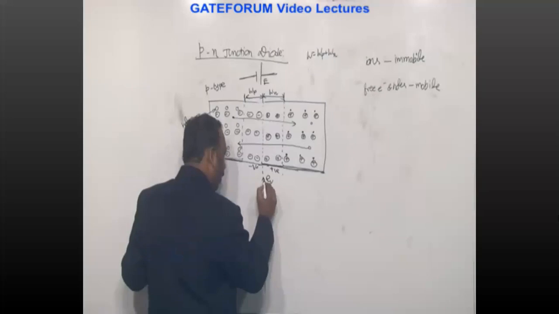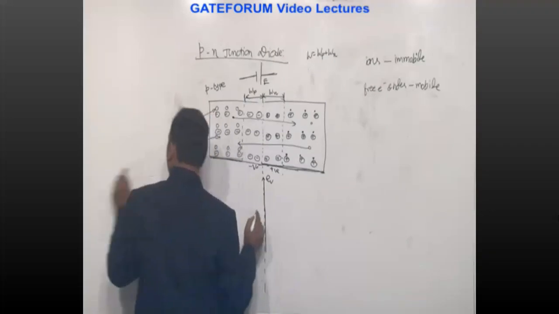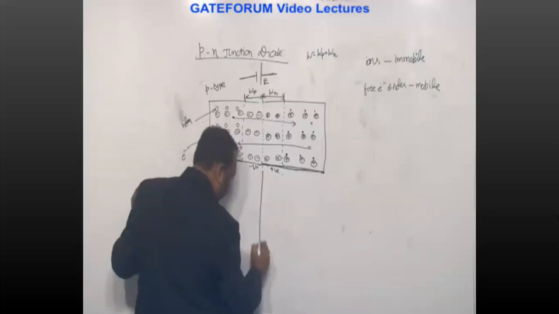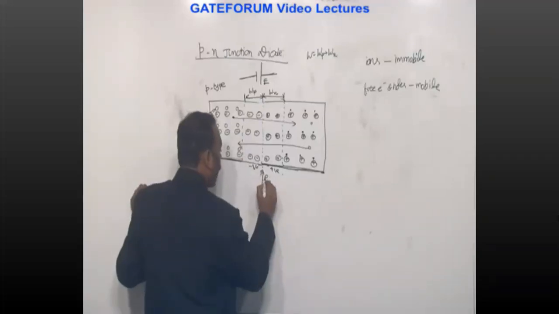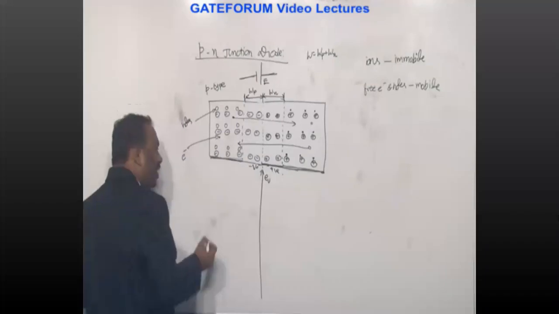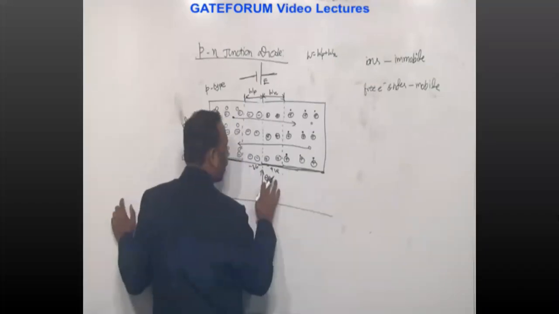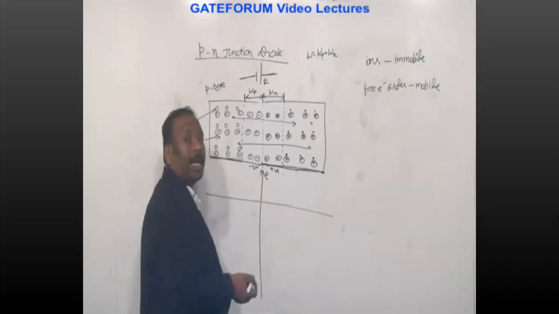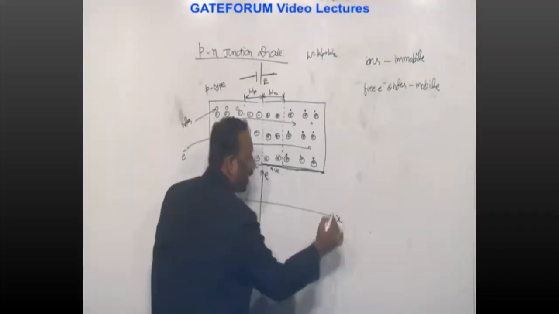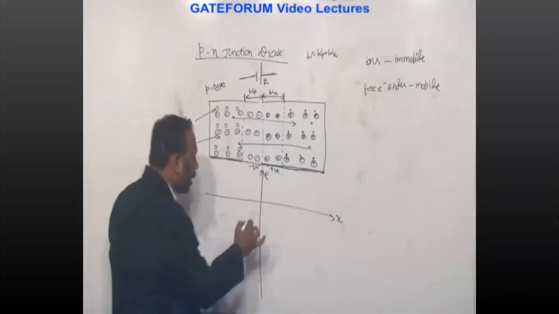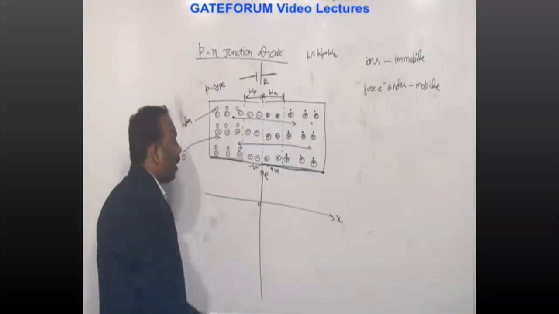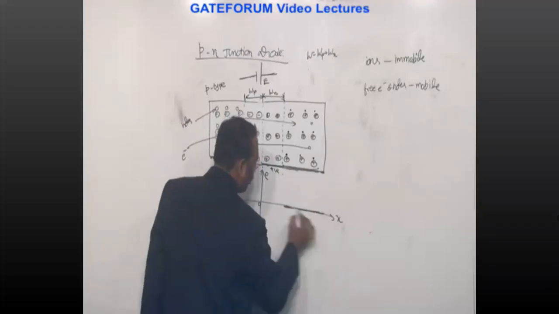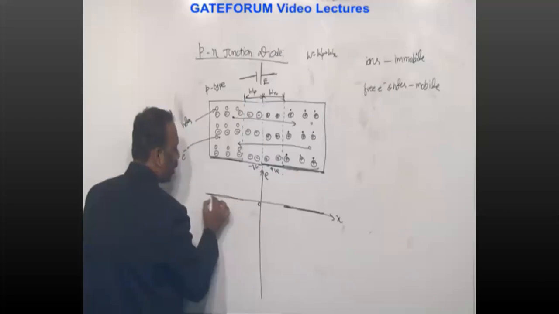Charge density. On the y-axis we have taken charge density, rho. On the x-axis we have taken distance. Here it is the center. Now from here to here, it's neutral, or not? Neutral means like this.